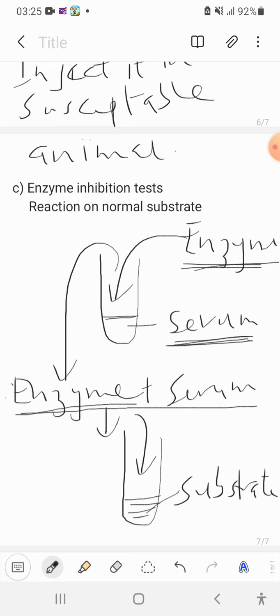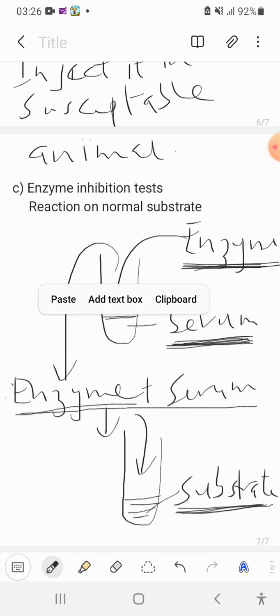So when you add enzyme plus serum into the mixture and you see an effect on the substrate, then that means the serum has no antibody, because the antibody is expected to neutralize the enzyme. But if you don't see that color change, then you know the serum has the antibody against the enzyme. So it will neutralize it during incubation. So when you add it, there's no effect.